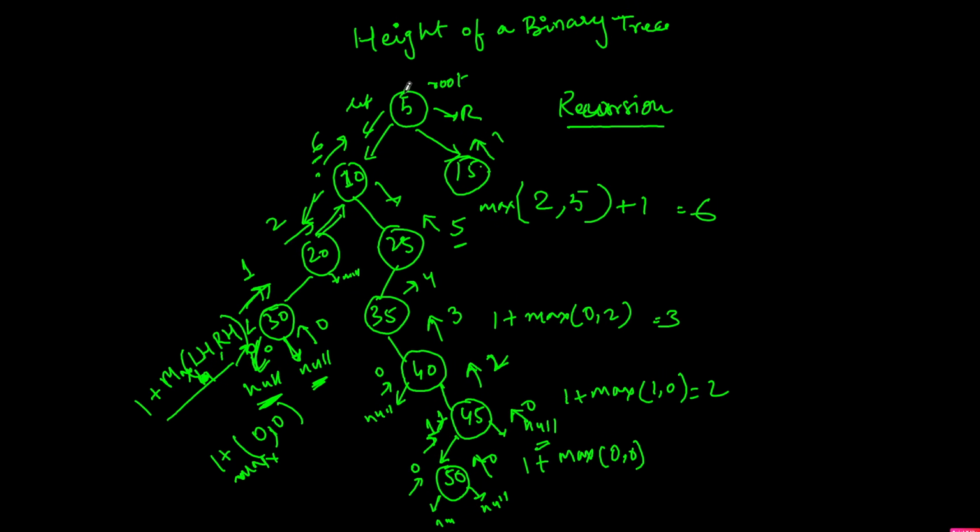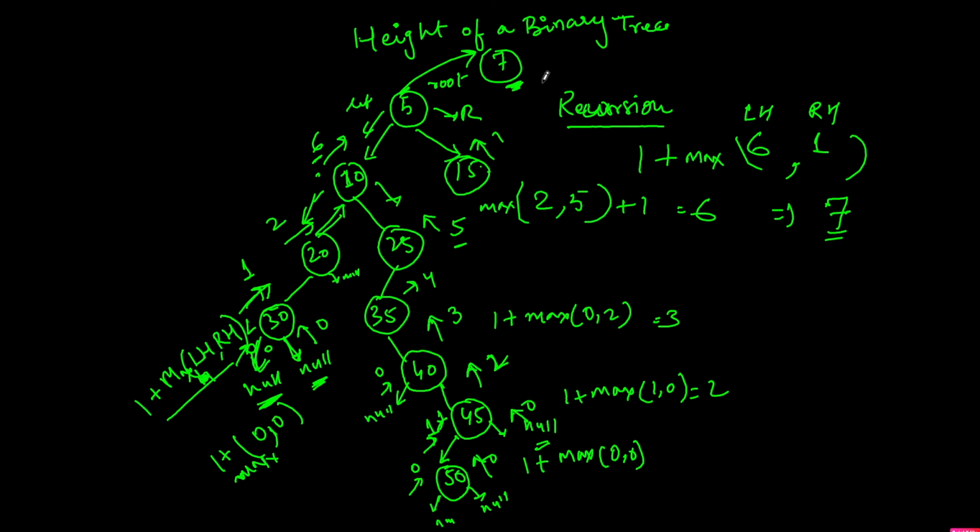So now at the root, when you backtrack back to the root, you will have 6 coming from the left. Left height is 6, right height is 1. So you will return 1 plus max of 6 comma 1. So that is 7. So this will return 7. So that's the height of a binary tree in this case.